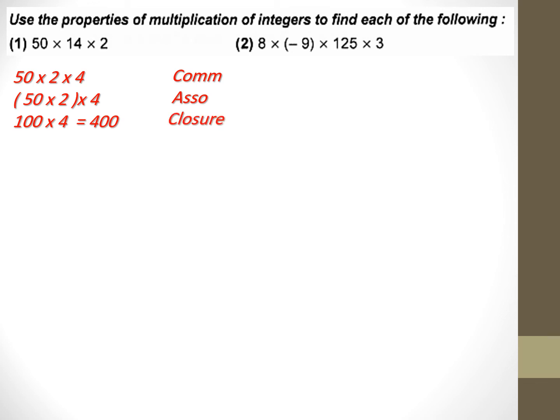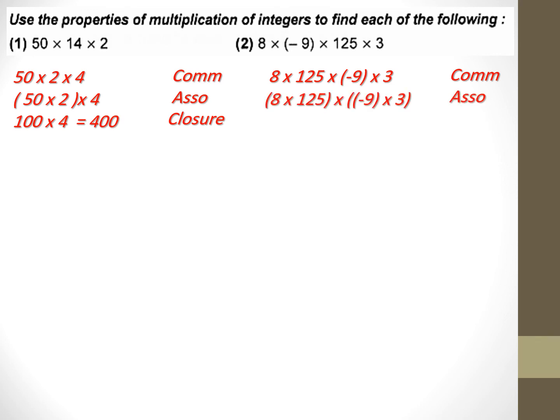Number 2. By using commutative, we can take 8 times 125 equals 1000. Like this: 8 times 125 times negative 9 times 3 is commutative. By using associative, we will take each two integers in a bracket like this.